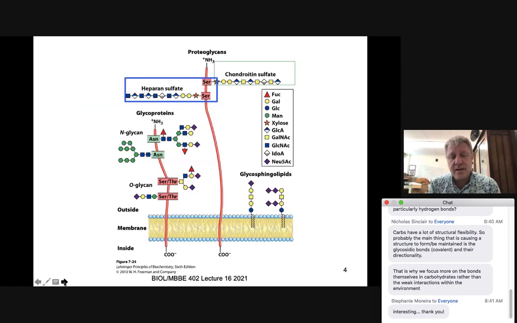So here's a very simple stylized illustration of two molecules, a glycoprotein and a proteoglycan. Now, the glycoprotein is the easiest one, in regards to it's going to be a protein that is going to be expressed, and it's going to have a C terminal and an N terminal.